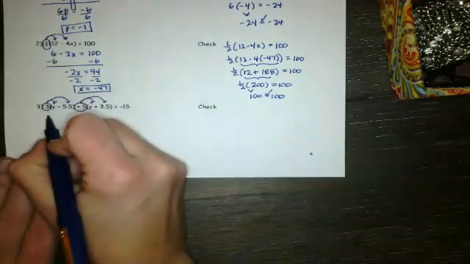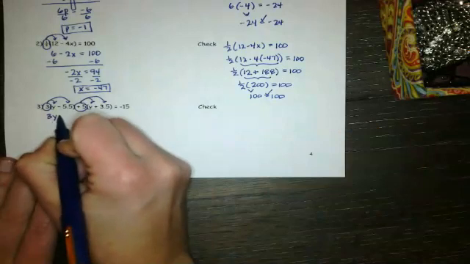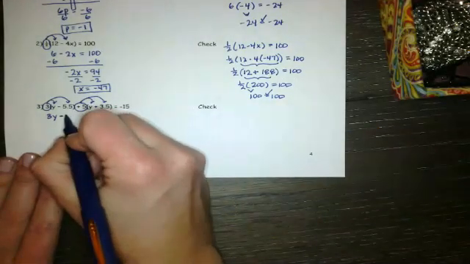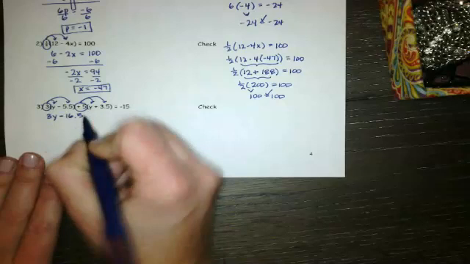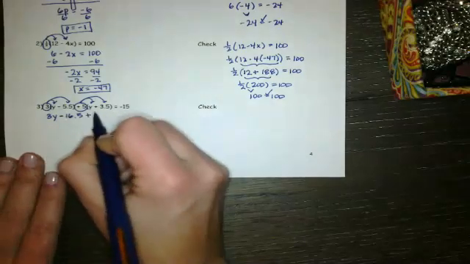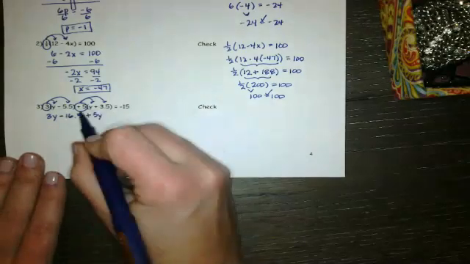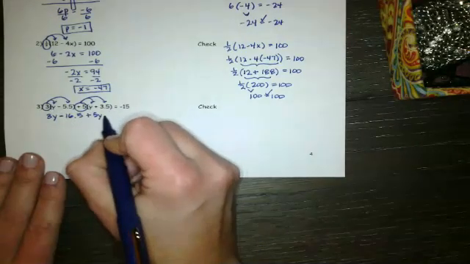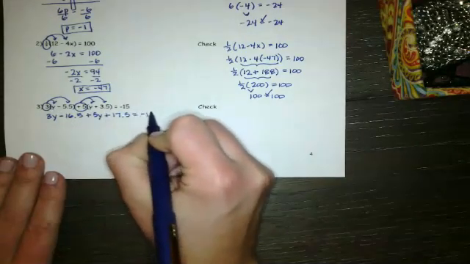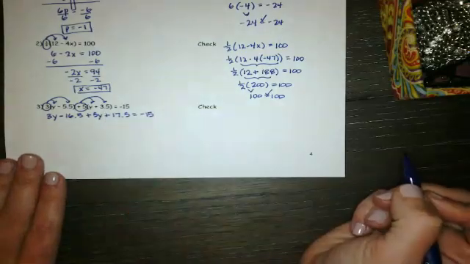Okay, 3 times y is 3y, minus 3 times 5.5, which gives me 16.5, and we brought down that minus sign there. Plus 5 times y is 5y, and then 5 times 3.5 is 17.5, and that equals negative 15.